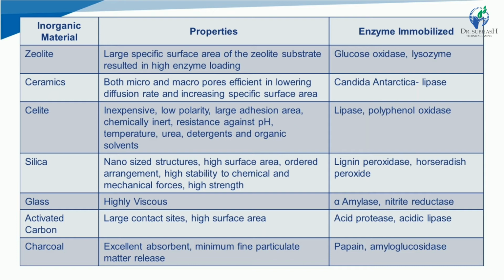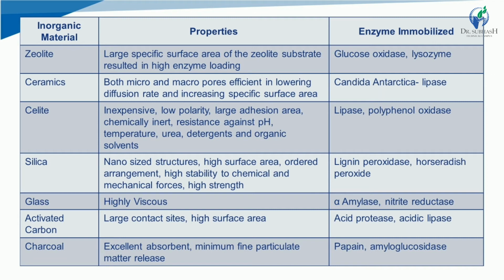Please don't mix inorganic materials with organic. Don't forget the examples. If possible, you can also memorize them with a coding system, like I taught you in earlier lectures. So zeolite, ceramic, celite, silica, glass, activated carbon, charcoal. There are also some examples which you will remember by heart.